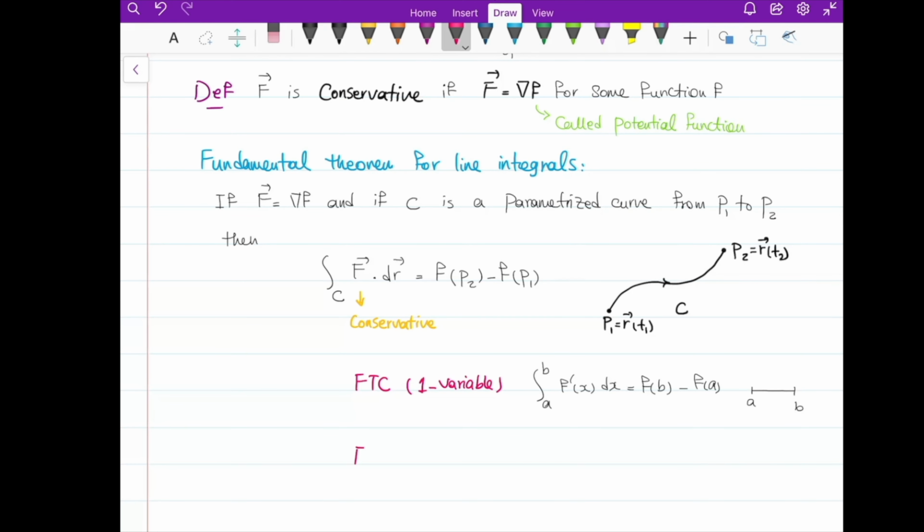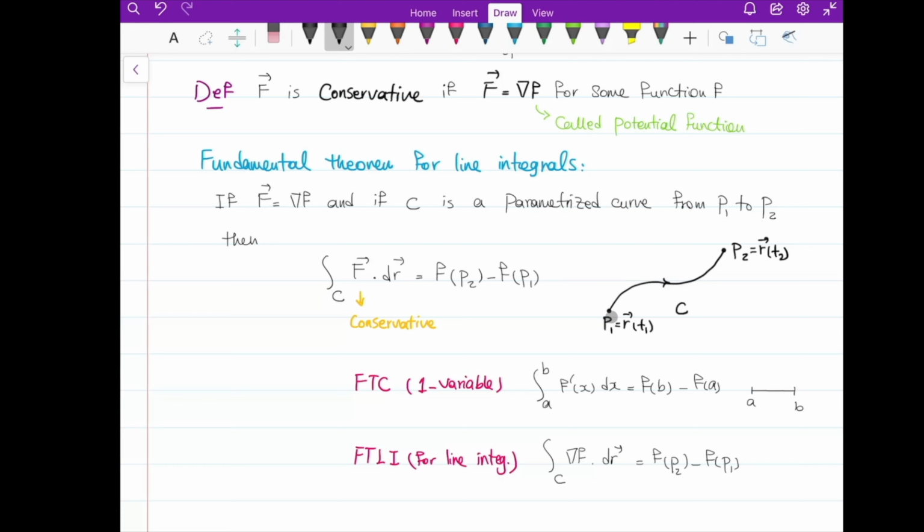But the fundamental theorem for line integrals is this one: the integral of the gradient of a function f dr over the curve C is the potential function at the endpoint minus the potential function at the first point.